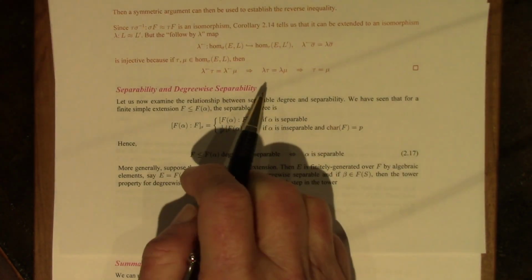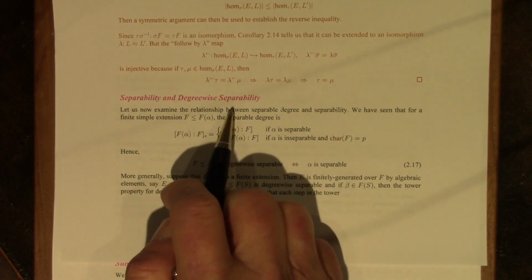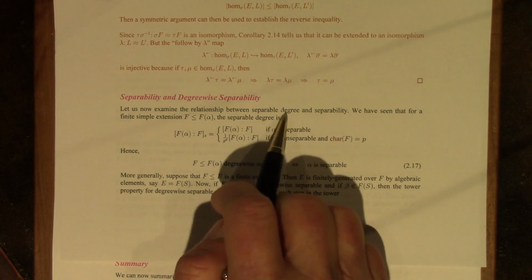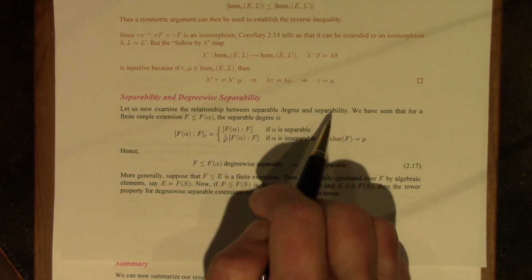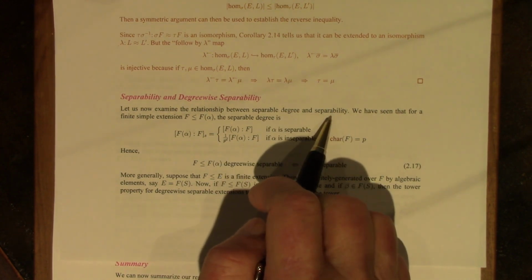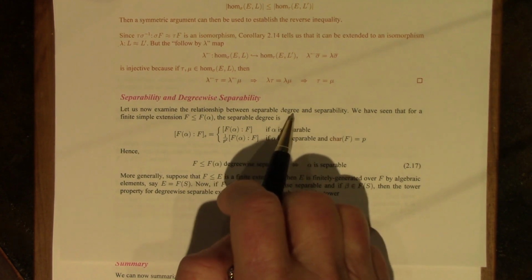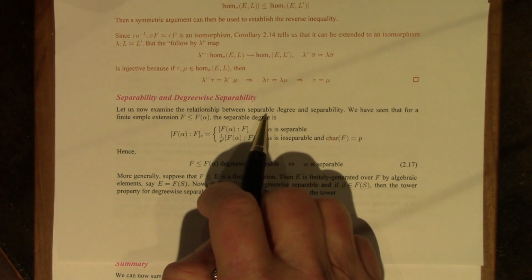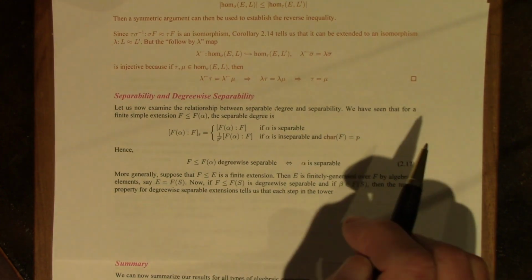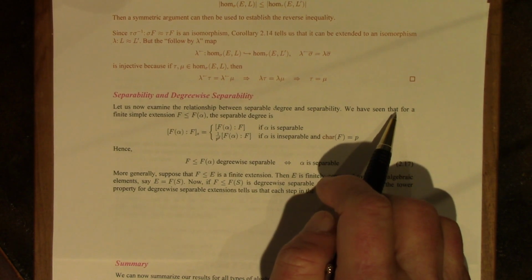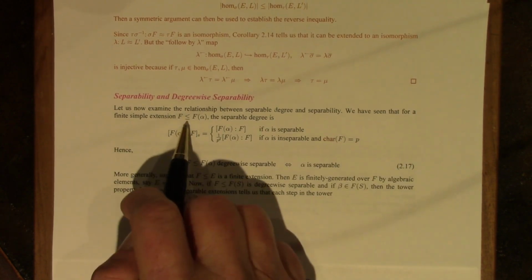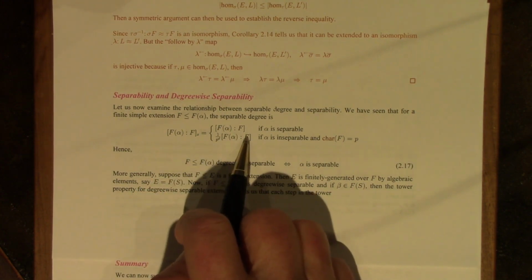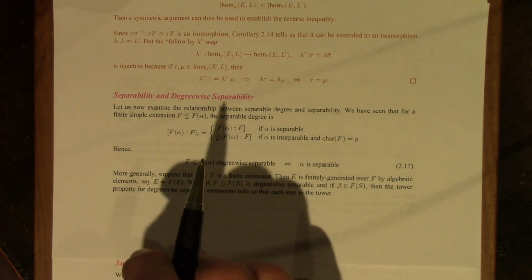Let's examine now the relationship between separable degree and separability. The term separable degree wasn't chosen by accident to have the word separable in it. We have seen, for the case of finite simple extensions, that the separable degree is given by this relationship.